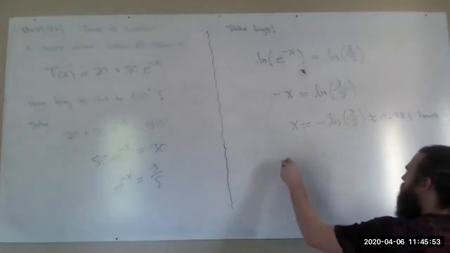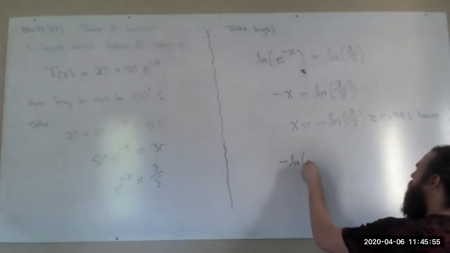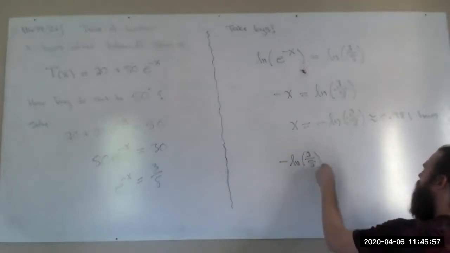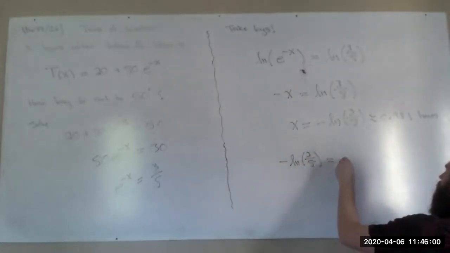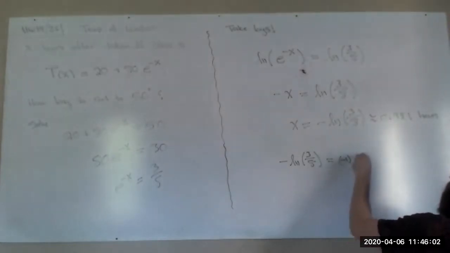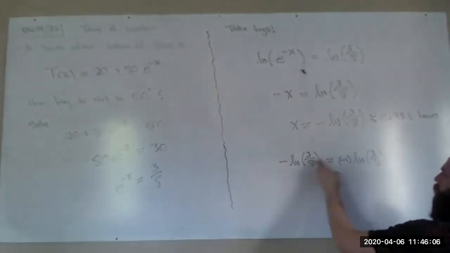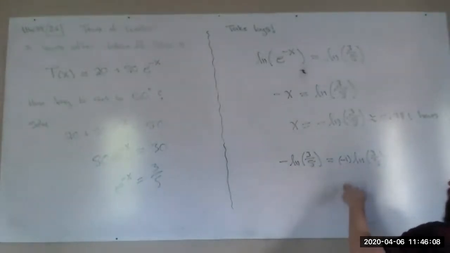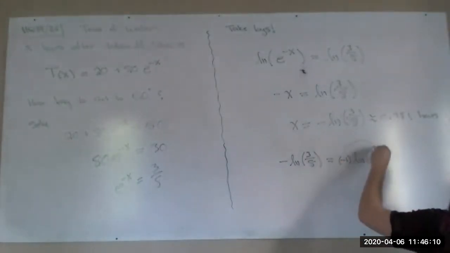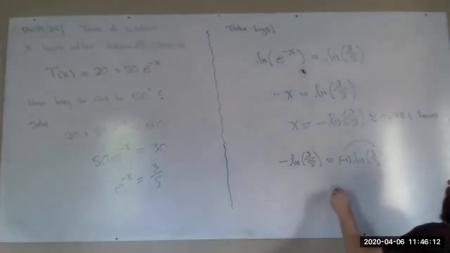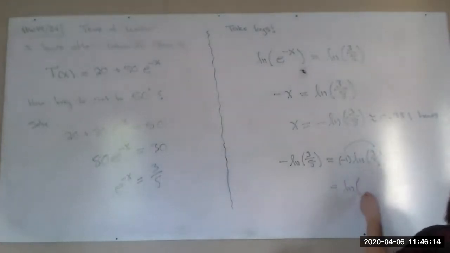So I claim that the negative ln of 3/8 is the same as -1, of course, times ln of 3/8. I don't think anybody has a problem with negative being the same as -1 times. But then I could bring this inside as a power if I wanted to. So that's the ln of 3/8 to the -1, which is 8/3.